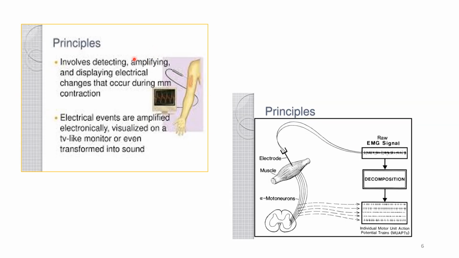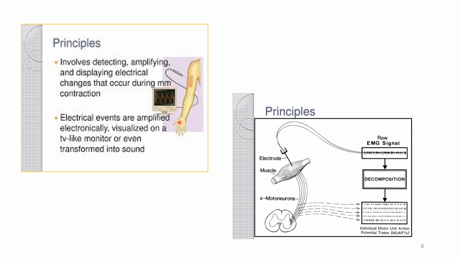Now, the underlying principle involves detecting, amplifying, and displaying the electrical changes that occur during muscle contraction. The electrical events are amplified electronically and visualized on a TV-like monitor, or even transformed into sound.